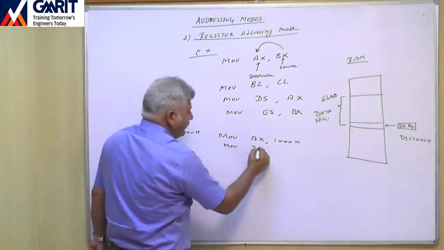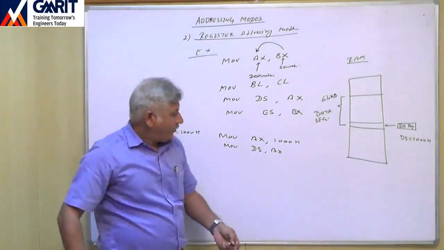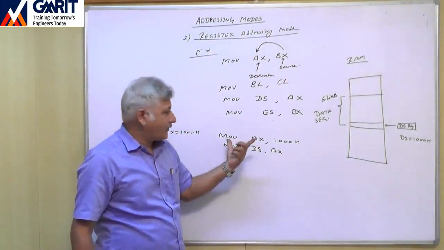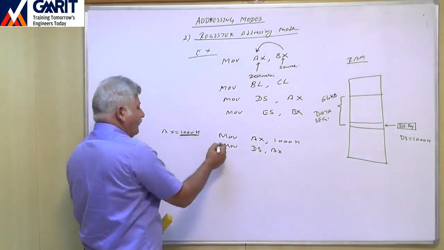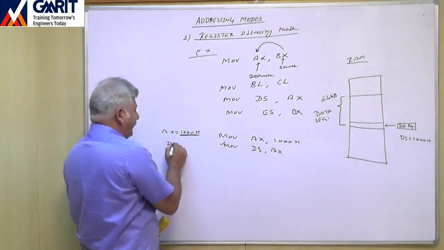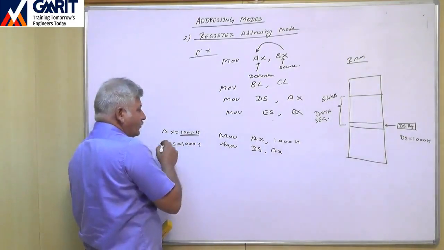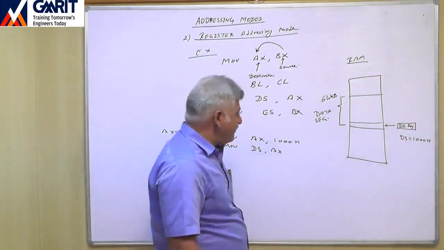MOV DS, AX. Now what will happen? Whatever is the value of AX, that will be copied in DS. So in AX, we already stored 1000H. So after the execution of second instruction, the value of DS will become 1000H. So in this way, we initialize the segment register.